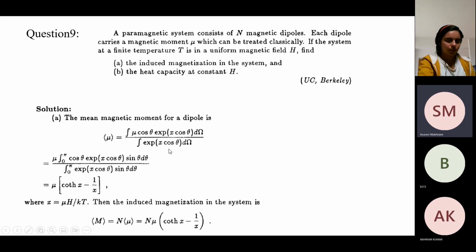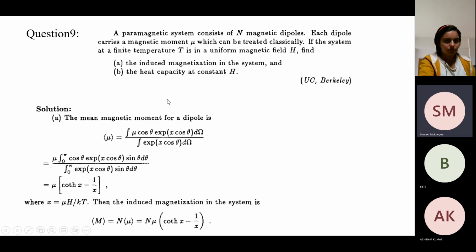It's similar to what you were doing to find the mean position. Here you are finding the mean moment. Is this thing clear? But because it's in a field, you have to consider the angle with the field, so you take mu cos theta and do it in the spherical coordinate system. That's the only difference.